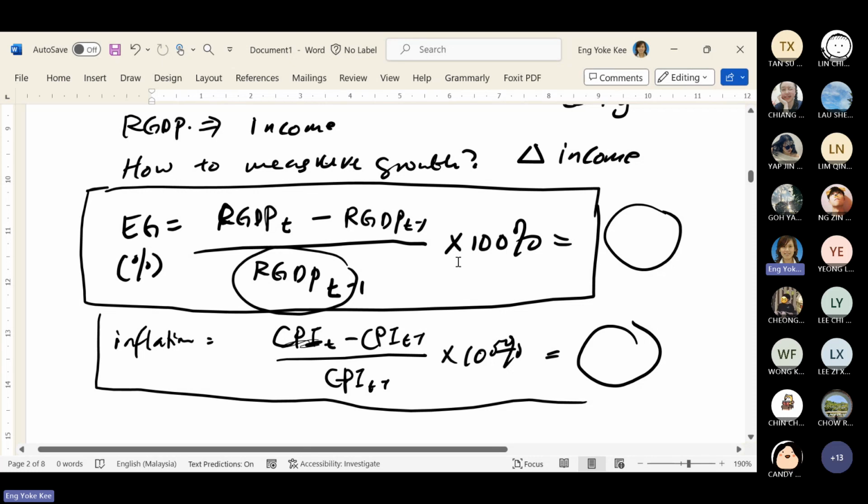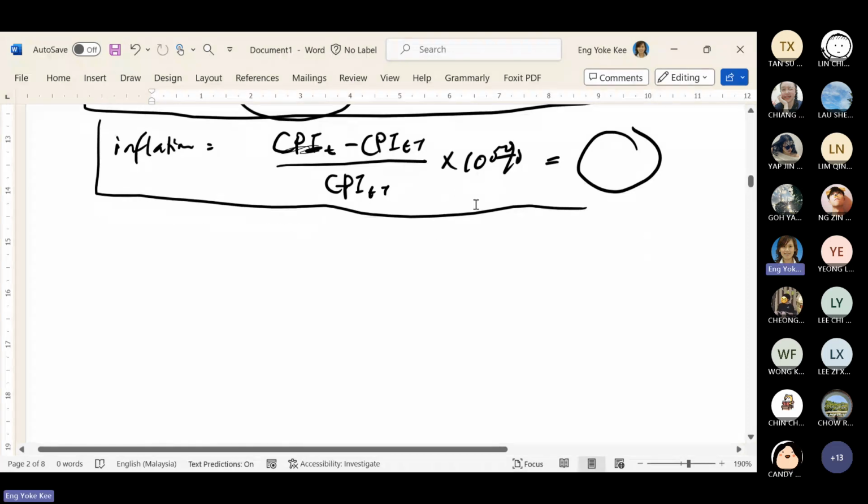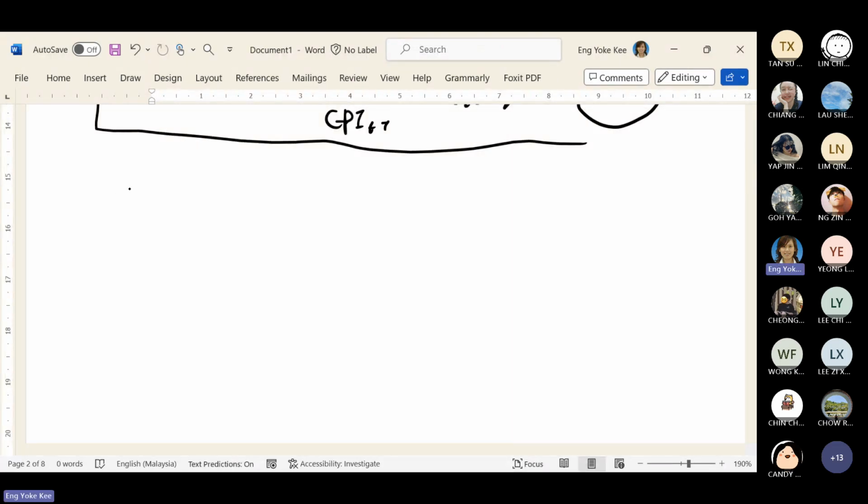But when you analyze your data, we seldom really do this. Instead, in time series analysis, when we want to measure growth rate, we use first differencing in the log series. Okay, so what does it mean?